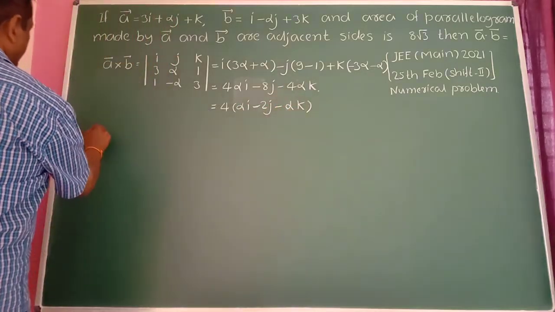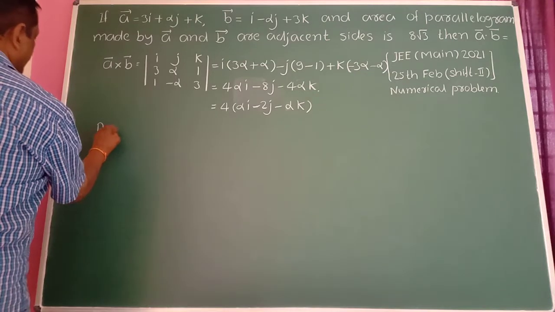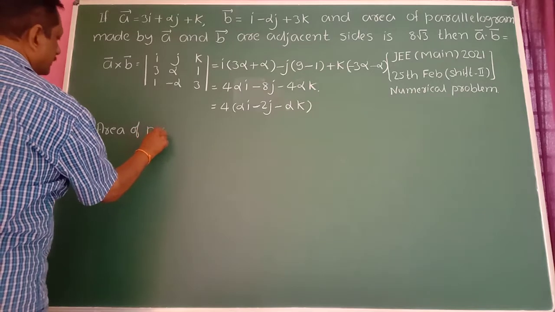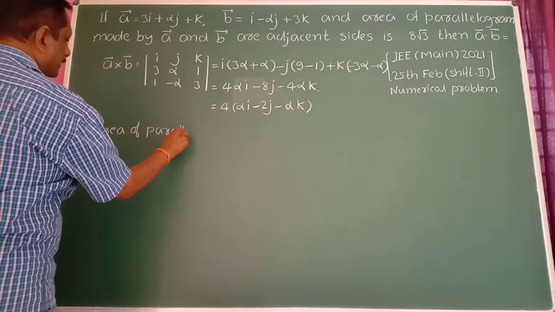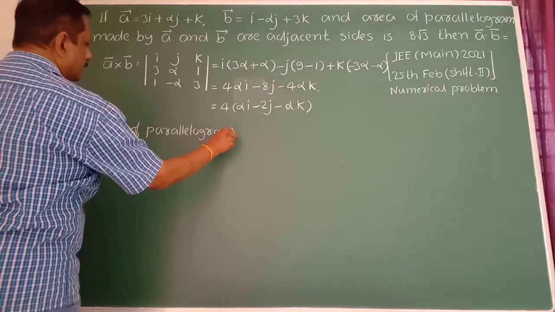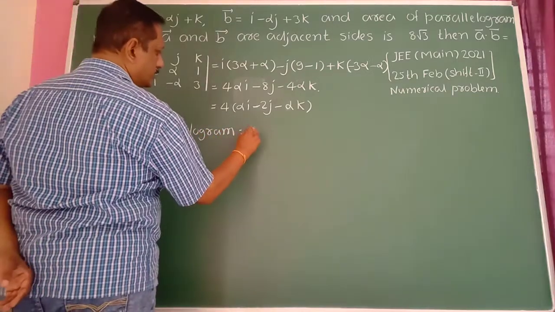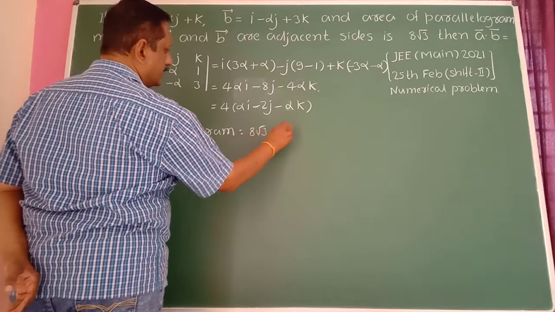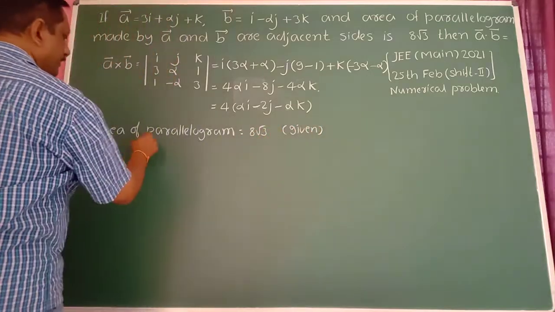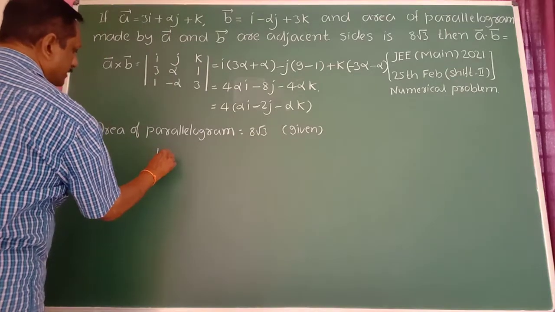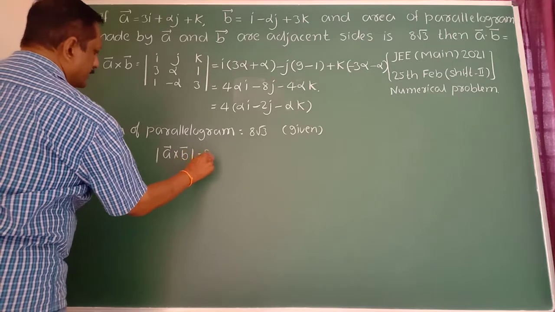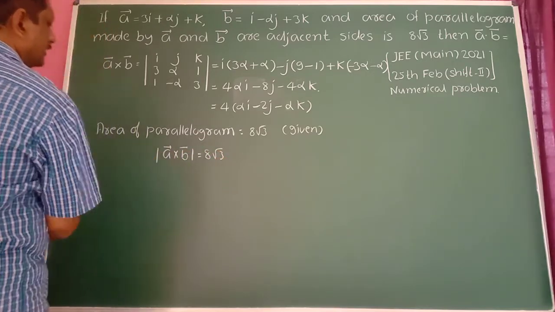So given that the area of the parallelogram is equal to 8 root 3, therefore the area of the parallelogram is the modulus of A bar cross B bar, equal to 8 root 3.